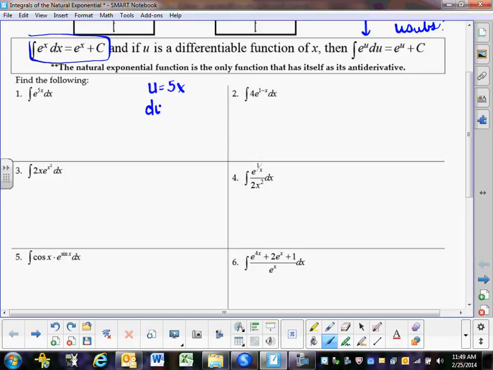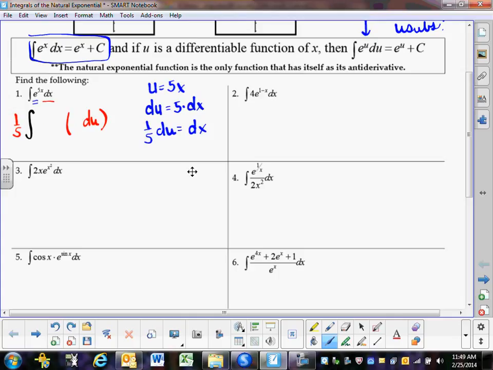The derivative of u is 5 times the derivative of x. So that makes 1/5 du equal to dx. Now I'm ready for my u substitution. The dx part is replaced by 1/5 du, in which case I'm going to take the 1/5 and put that out in the front because we can factor out a constant.